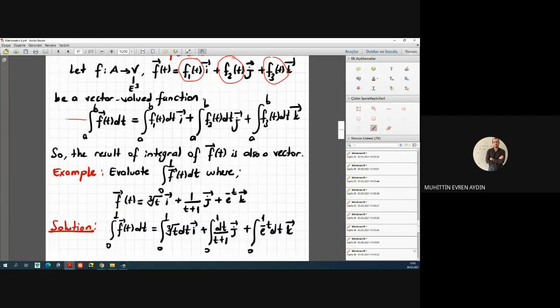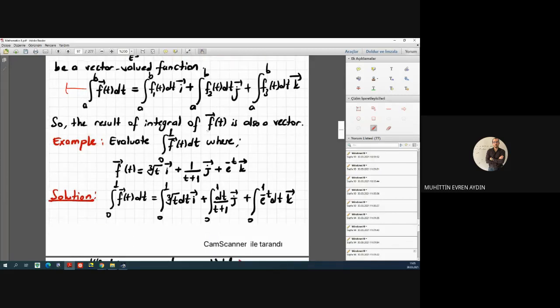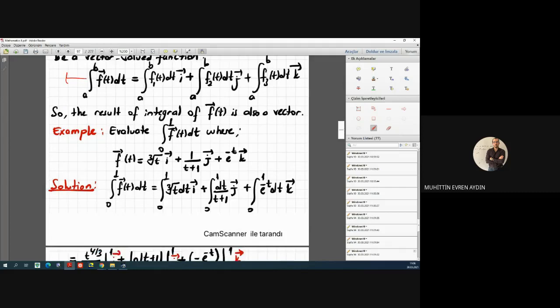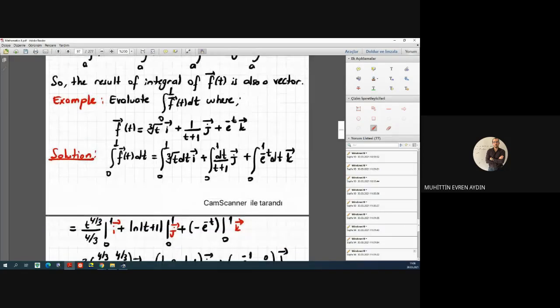Yes, such as this equality, which means that it's quite simple. Okay, our vector valued function is the cube root of t, 1 over t plus 1, and e to the minus t.